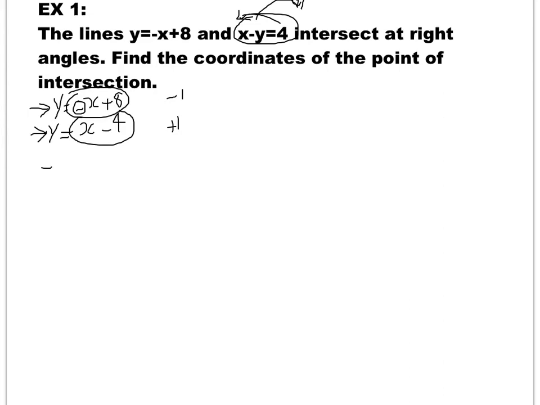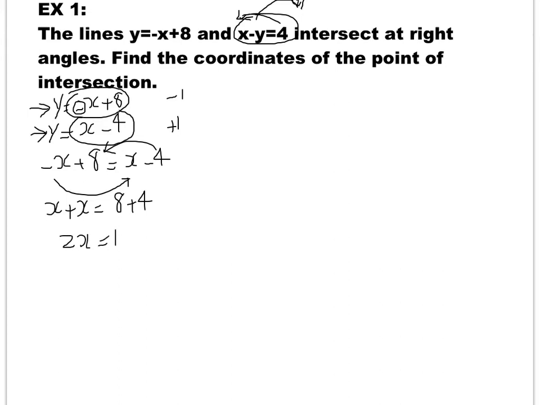So I can write negative x plus 8 is equal to x minus 4. I'm going to bring negative x to the right and negative 4 to the left and change the sign. So I'm going to get x plus x, negative x to the right becomes positive x, is equal to 8 plus 4. So 2x is equal to 12.